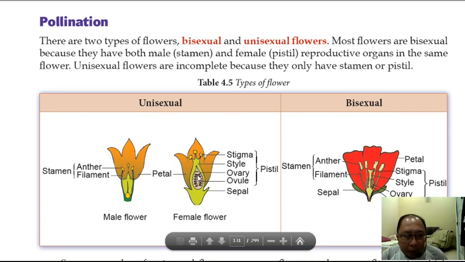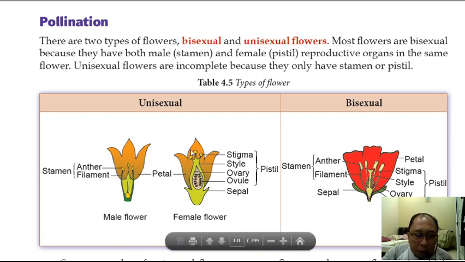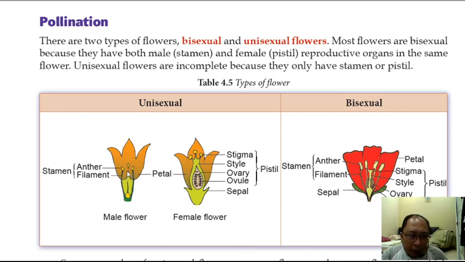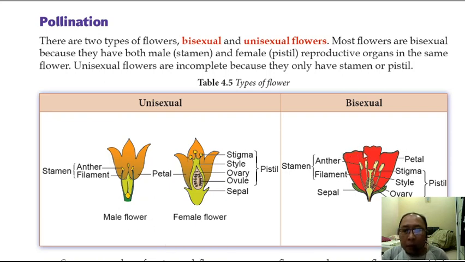So if a plant consists of unisexual flowers, they will have a criteria like this, meaning that one flower consists of one reproductive organ. So this is the example given. And bisexual means that one flower consists of both male and female reproductive organs, same as what we have discussed and the example given before.